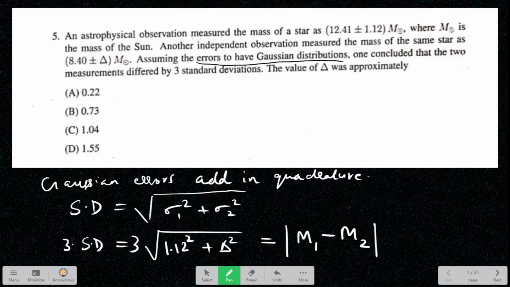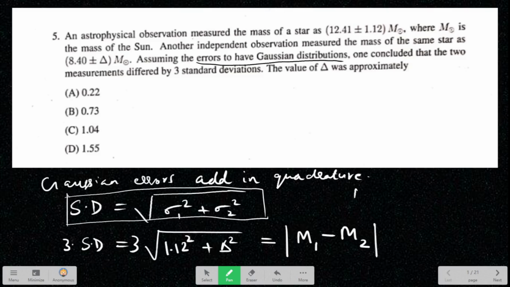Then you take difference, and we are only concerned with the magnitude, so we take modulus. So m1 minus m2 modulus will be equal to 3 into root of 1.12 square plus delta square. We are able to write like this only because it is said that the errors are assumed to have Gaussian distribution. Otherwise we will not be able to write like this.